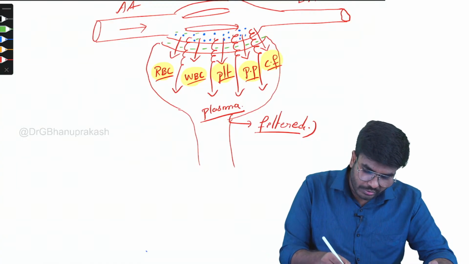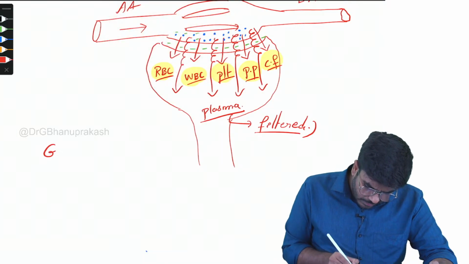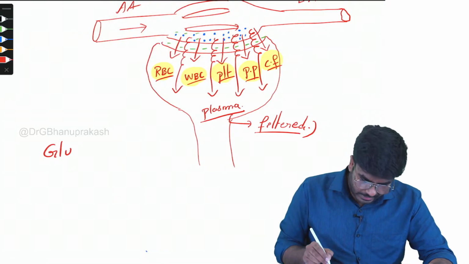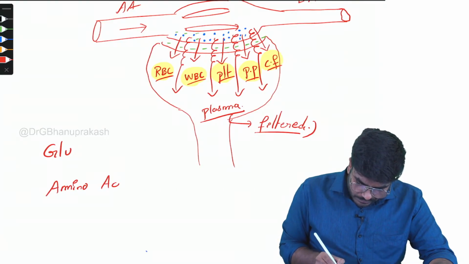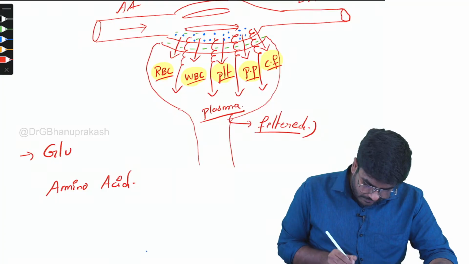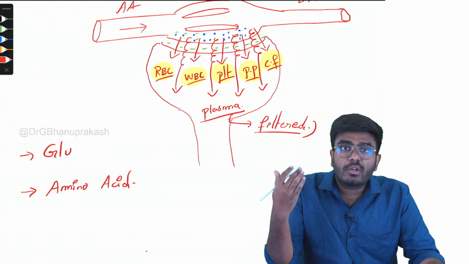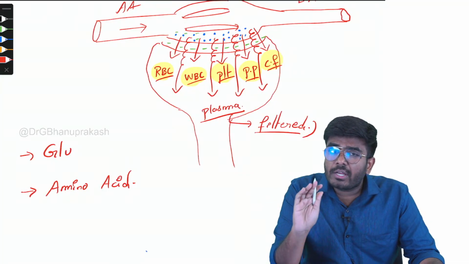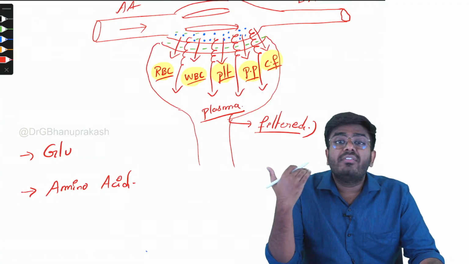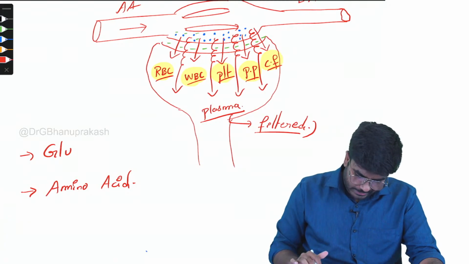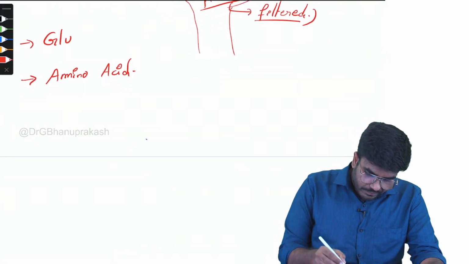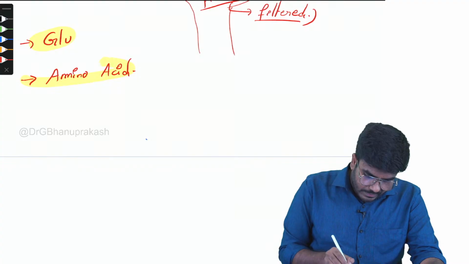Now, my question to you, guys, is will glucose be filtered or not? Glucose and amino acids, will they be filtered or not? You just think logically. Amino acids and glucose, will they ever be filtered into nephrons? I'm giving you time.